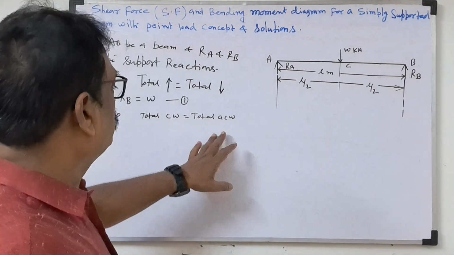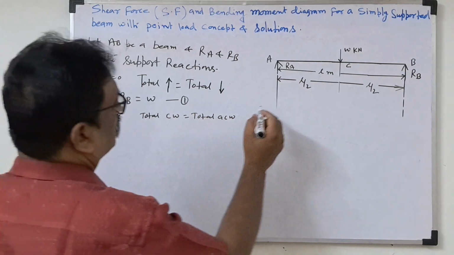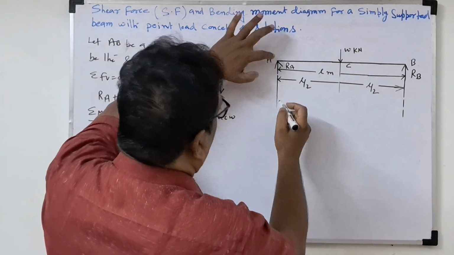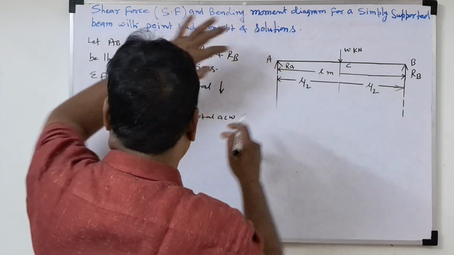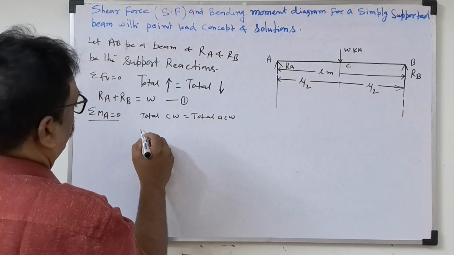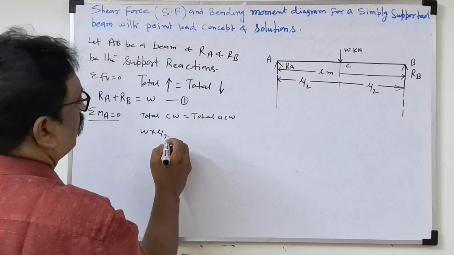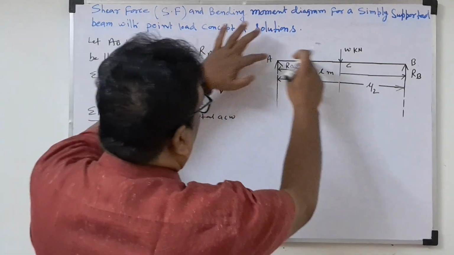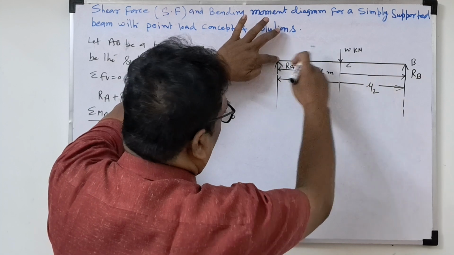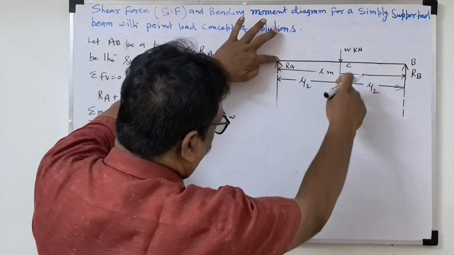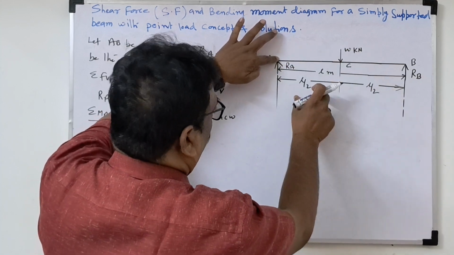What is the W moment? Clockwise, so W into L by 2. With respect to A, force into perpendicular distance L by 2.